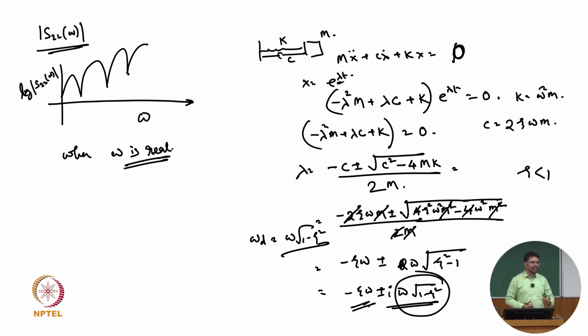Why are you multiplying it? That root over 1 minus xi square does not come from nowhere. It came in this way, and it is the correct explanation of how these things actually need to be solved. Got that point? So once we introduce damping, our natural frequencies no longer remain real, they become complex.